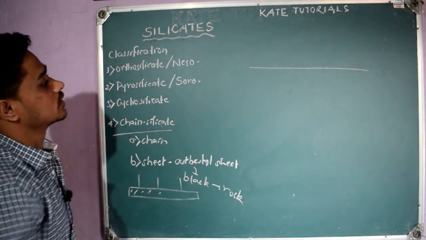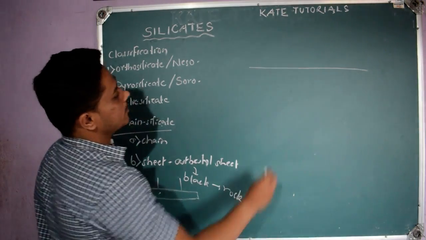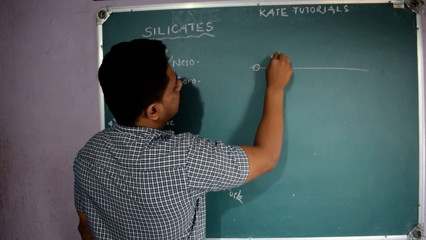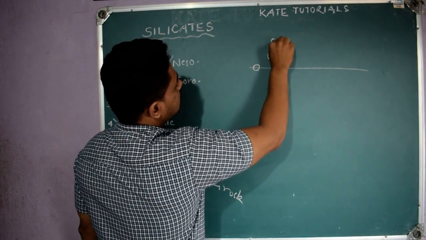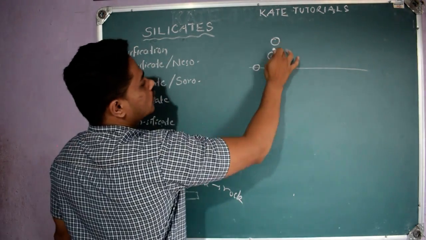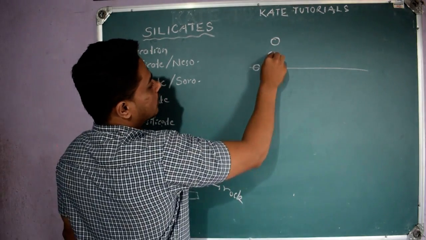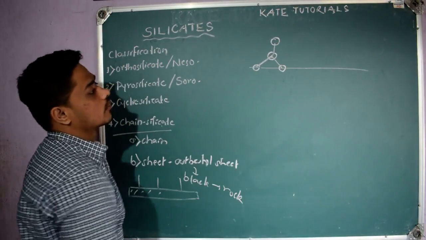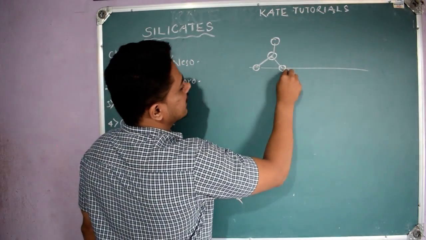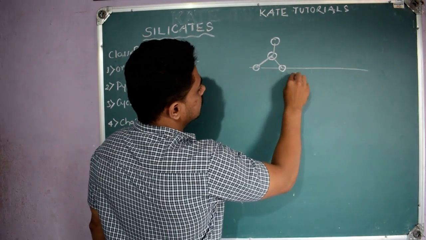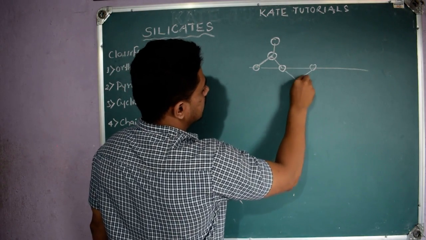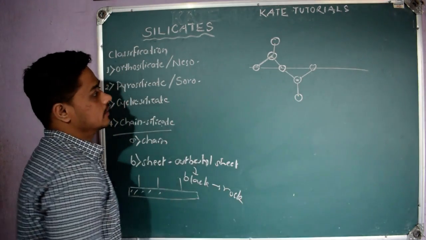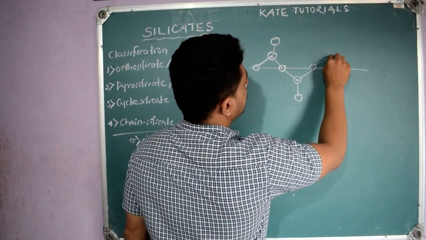So chain silicates. Same as orthosilicate, if you remember: one oxygen here, a second oxygen, one silicon, above which one more oxygen, one more oxygen. 4 oxygens are there, right? 1, 2, 3, 4, and one silicon, and there will be bonds like this for all the oxygen-silicon bonds. And this oxygen is again shared by one more silicon here, like this. And here oxygen will be there, above one oxygen, and again this oxygen is shared by one more silicon.